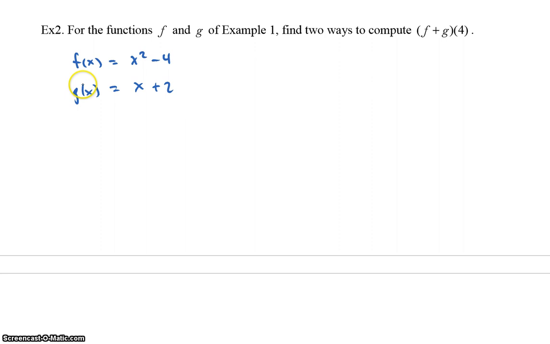Now obviously, one way that we could compute f plus g of 4 would be to simply use our result from example 1. We found the function f plus g of x, and that function was x squared plus x minus 2.